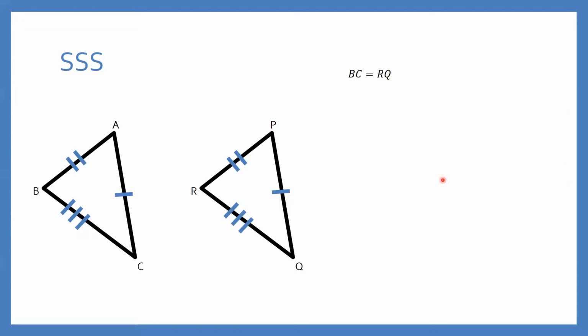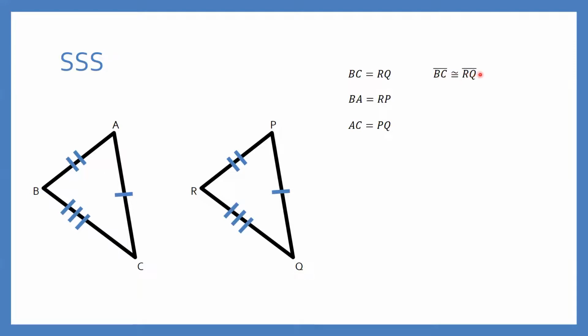Now let's have some analysis. We have BC, and looking at it, there are three tick marks. So BC is equal to RQ. We have BA equal to RP, and AC equal to PQ. The implication is, if they're equal, they are congruent.